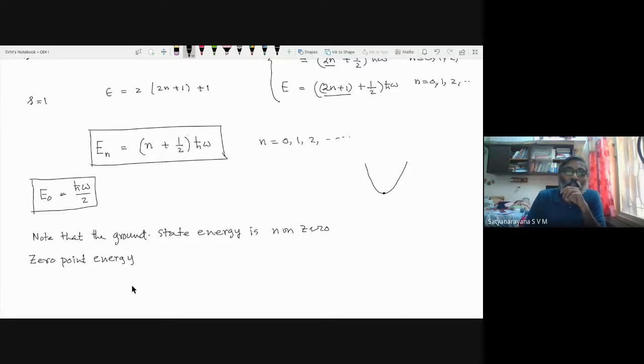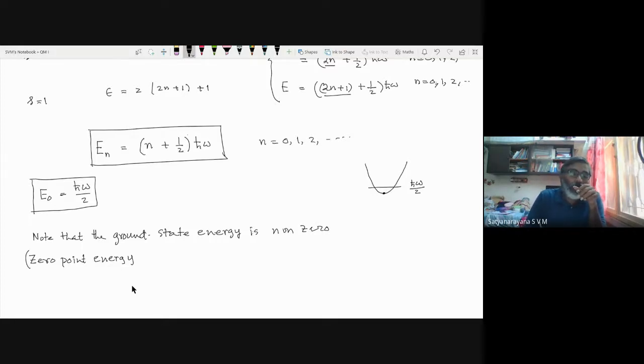Classically, x equal to 0 means the kinetic energy is 0 and the potential energy is also 0. That is the smallest energy state. Whereas quantum mechanically, there is some energy, which is h cross omega by 2, and it cannot go below that. So this is called zero-point energy.